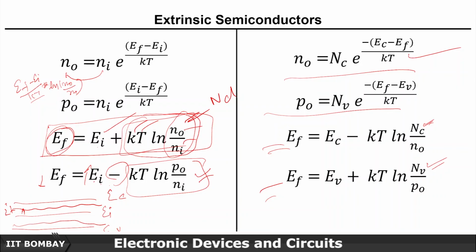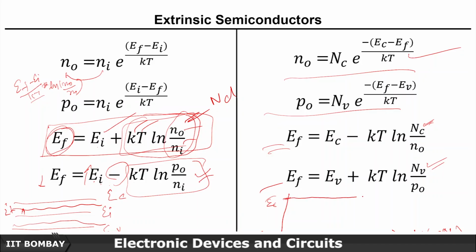So if I draw these curves, let's say I want to draw with respect to doping, ND or NA. ND is of course the donor atoms and NA is the acceptor atoms. This is my energy level EC, and let's say this is EV.